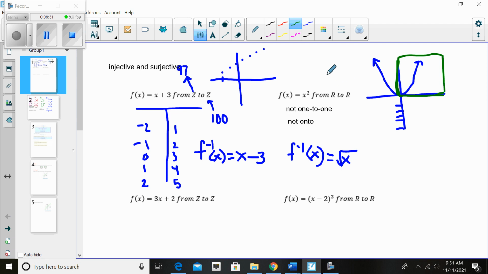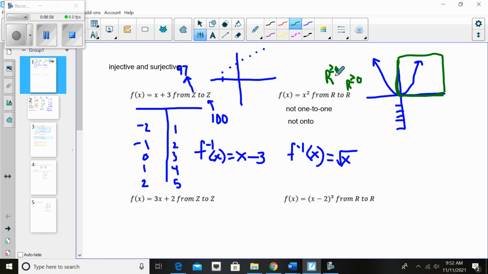I can include 0. The way that I want to say all reals greater than or equal to 0 is like this. That's one way I can write that. Then if I restrict the domain, that leads to a restriction in the range as well.